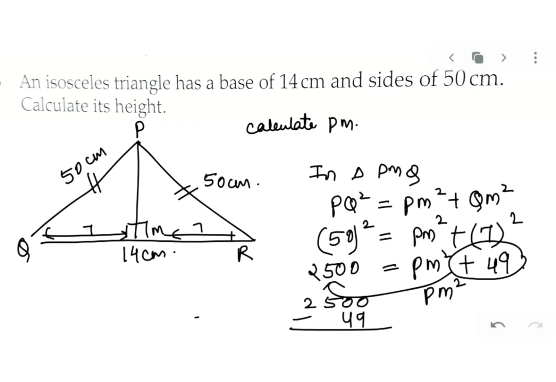And your answer will be 2451. Are you getting my point clear? Yes. So PM square is equal to 2451 and you can get PM by taking the root of 2451.